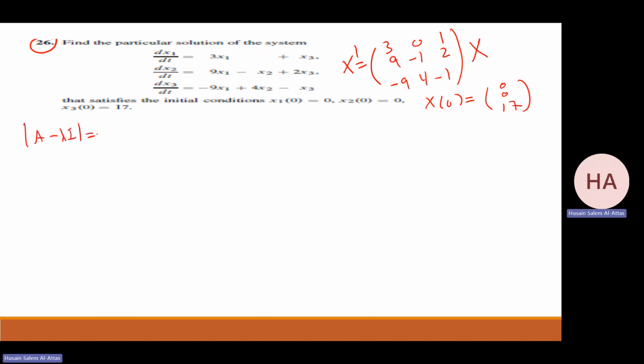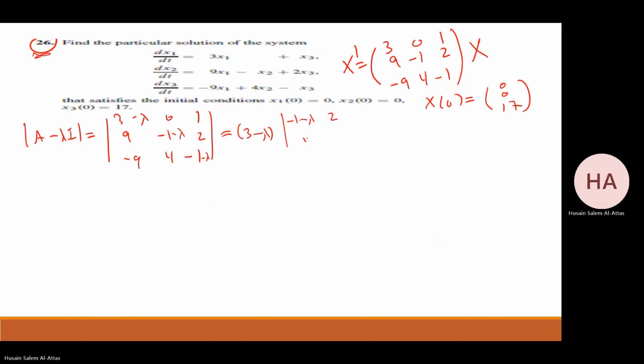A minus lambda I is 3 minus lambda, 0, 1, 9, minus 1 minus lambda, 2, minus 9, 4, minus 1 minus lambda. This is a suggested problem, because of that I'm solving it. So do the expansion with the first row. 3 minus lambda, cancel. Let me be careful and do it in detail.